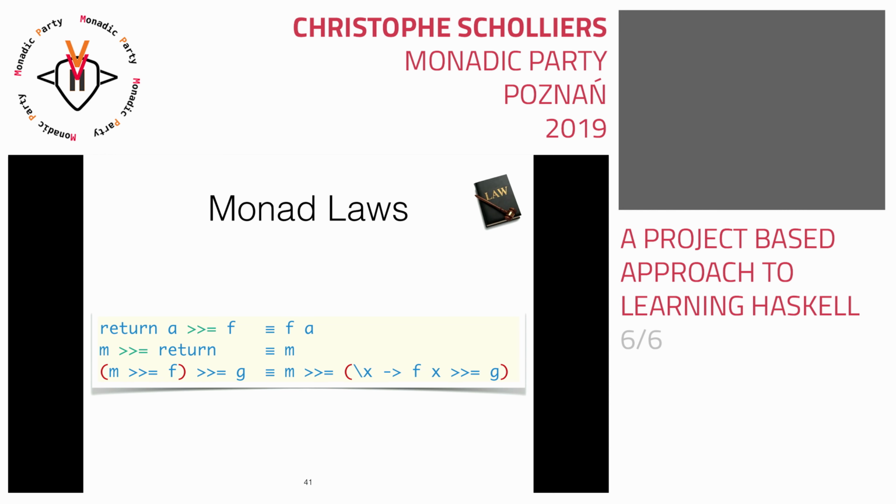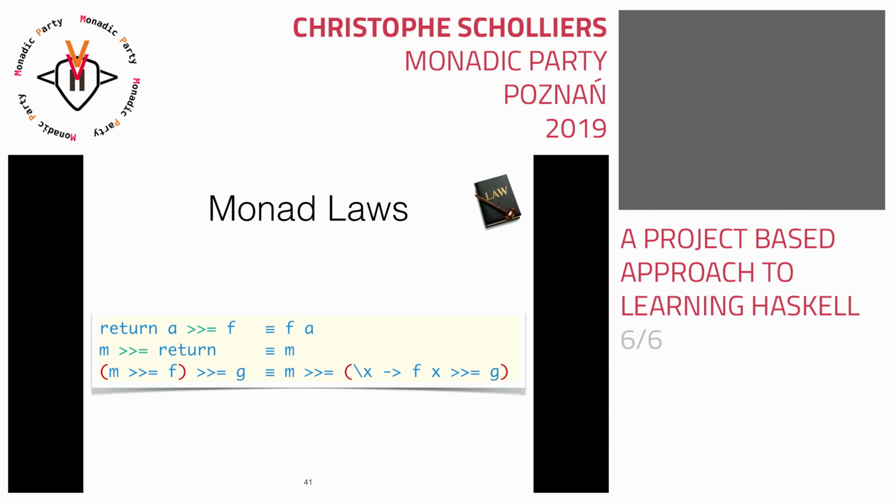And then if you have M and you bind it with return, that's the same as M. So what should M be in the case of Maybe? A Maybe A, and then return. What is the type of return?